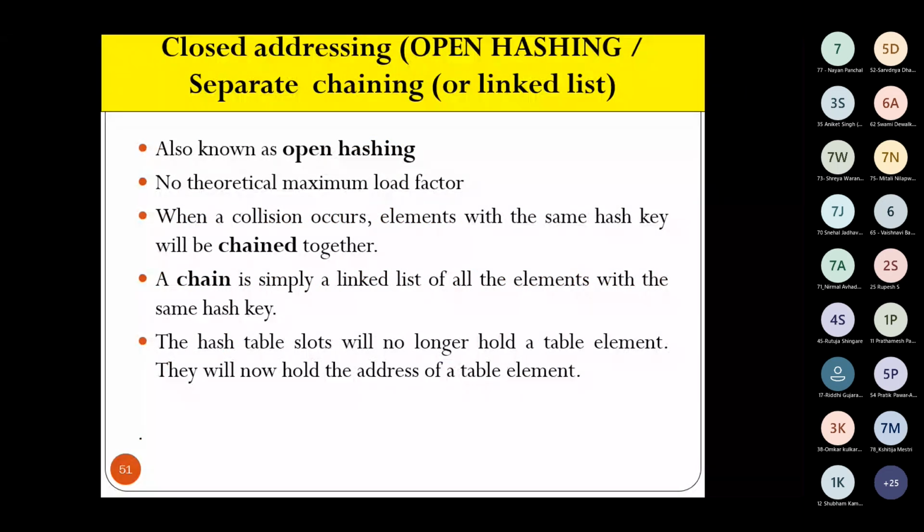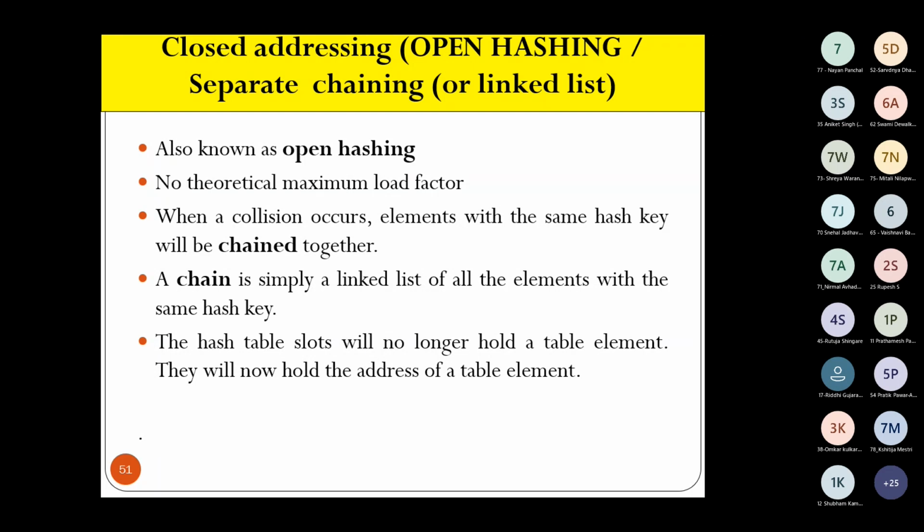closed addressing or open hashing. Right? So in case of open hashing, we don't have limited space for storing the elements. That means our storage will not run out. That means there will not be a chance of collision, or the collision can occur if there are multiple keys which are resulting into the same address.